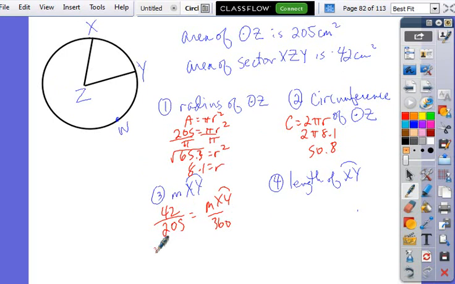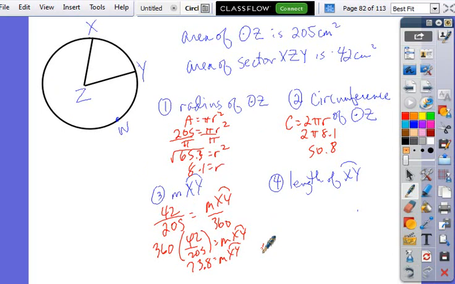Cross multiply. 360 times 42 over 205. Maybe 78.3 or 73.8. Might give me a fraction. If it gives you a fraction, what do we do? Divide it. You just do the dividing, but I think it's 73.8.